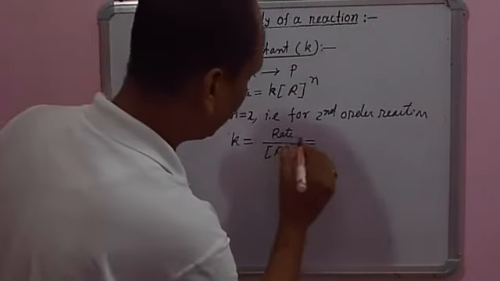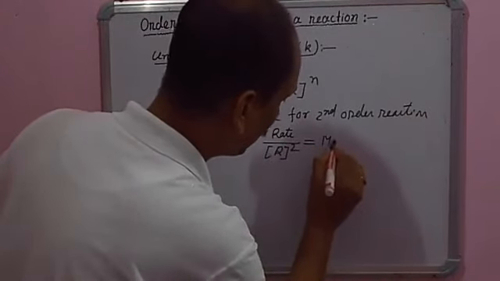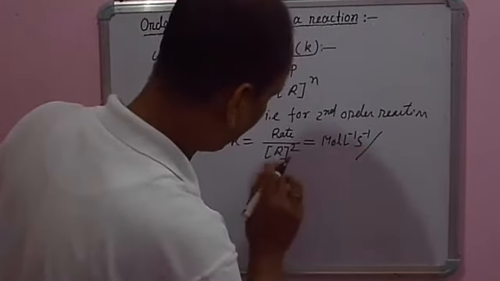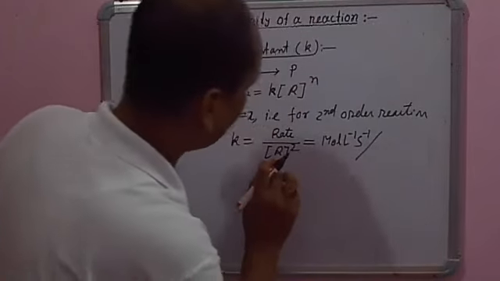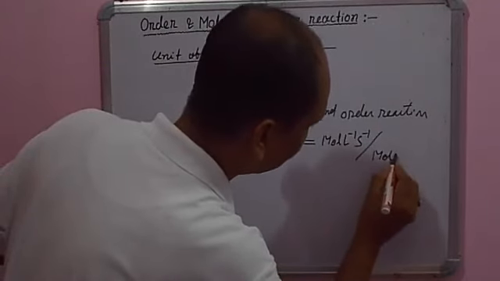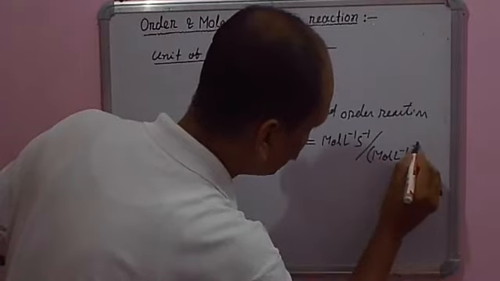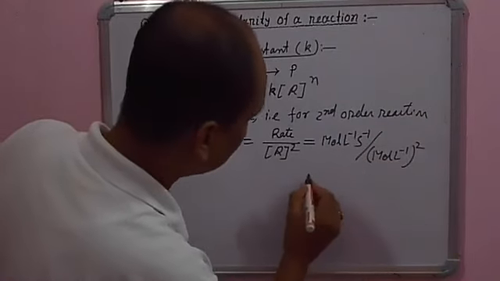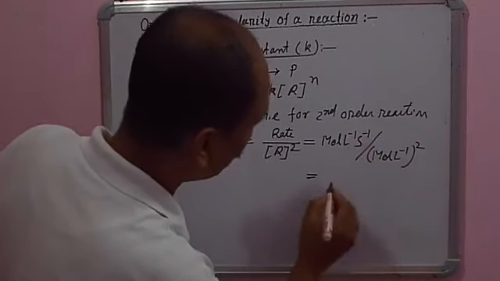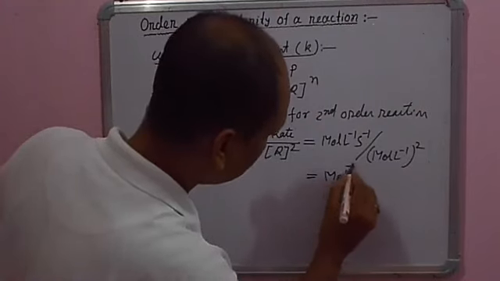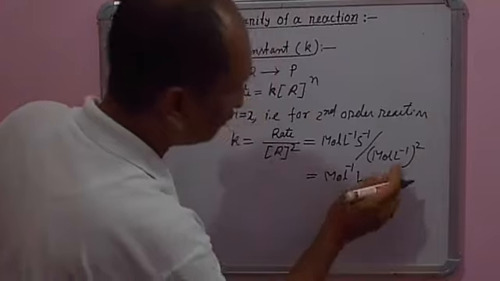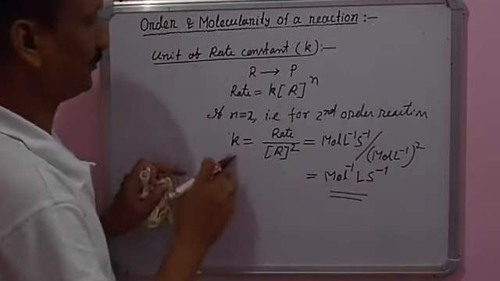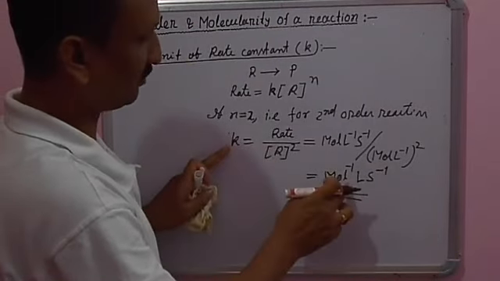So again the unit of the rate is mole per liter per second, mole liter inverse second inverse, divided by the unit of the concentration, that is mole per liter square. So here one mole per liter will be cancelled out, then remaining mole, if it goes up, that means mole inverse liter second inverse. So this is the unit for rate constant for the second order reaction.